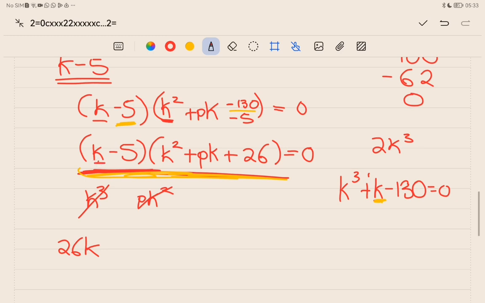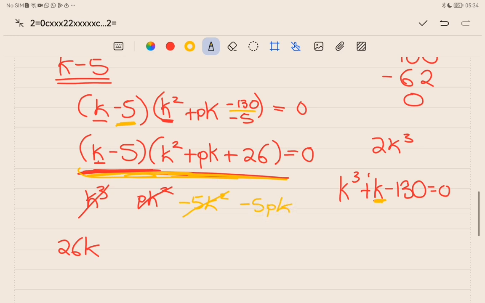So now we go to negative 5. Negative 5 multiplied by k squared is negative 5k squared. That's not what we want. Then negative 5 multiplied by pk is negative 5pk.